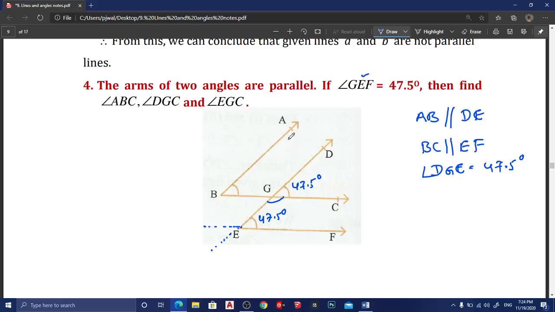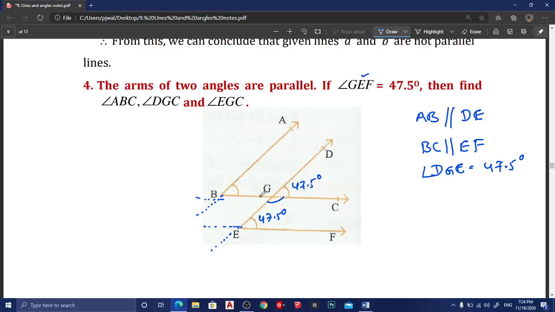Next, angle ABC. How can you find out angle ABC here? This also you can extend here just by using these dotted lines. Just by tilting your head, you can observe these two are parallel lines, and this is the transversal for these two parallel lines.